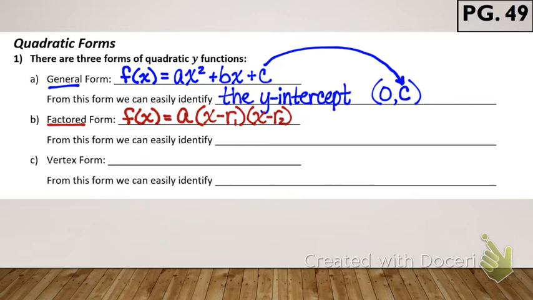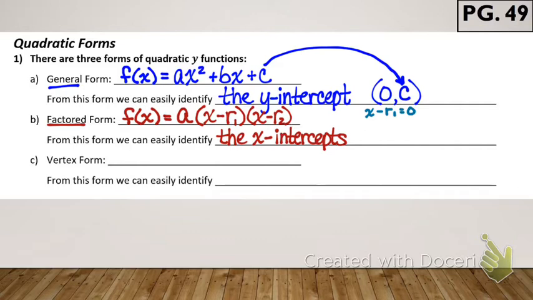Factored form is a really useful form for us because we can very easily identify the x-intercepts from this. Remember, our roots are our x-intercepts. The way I find my x-intercepts, I'm going to take those factors and set them equal to 0.